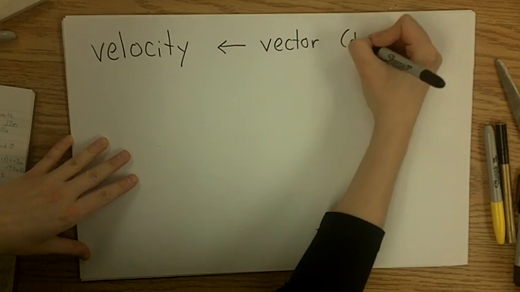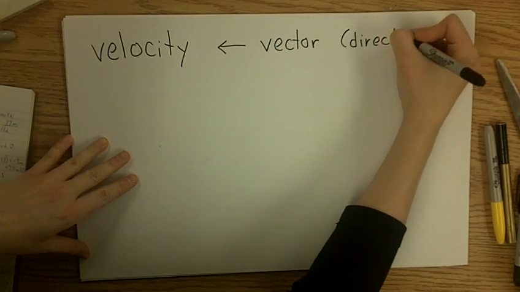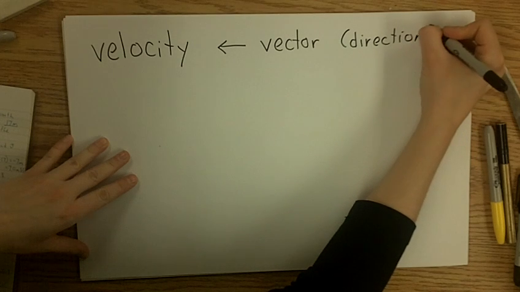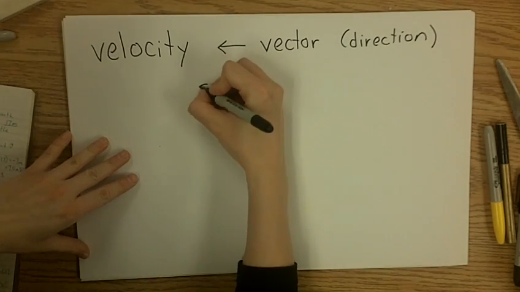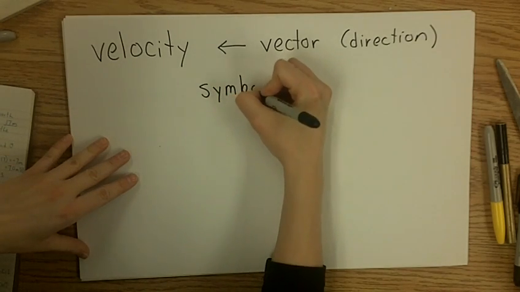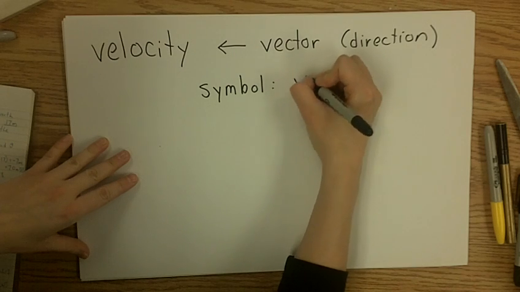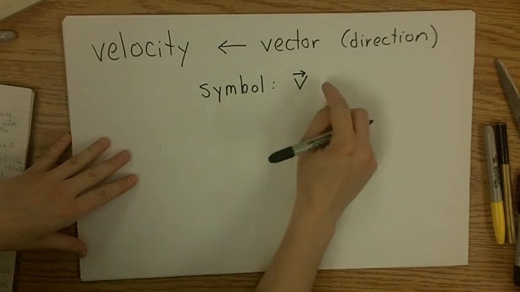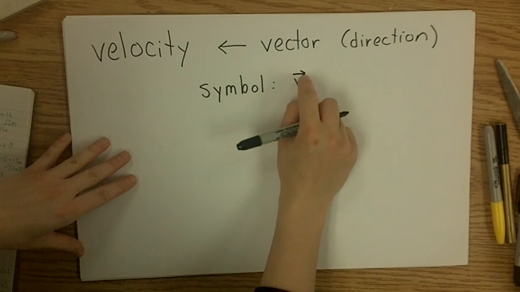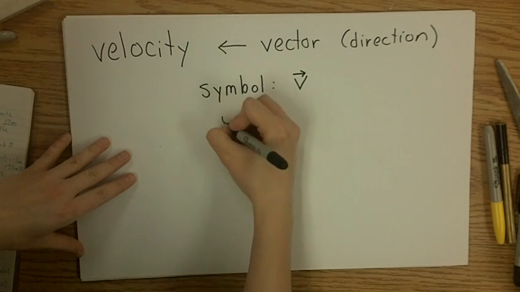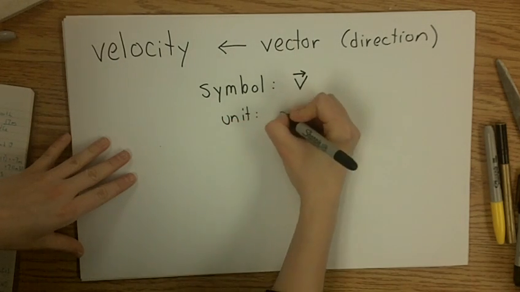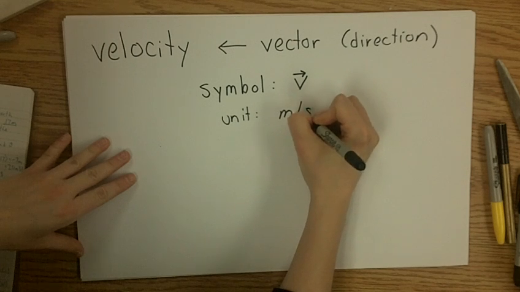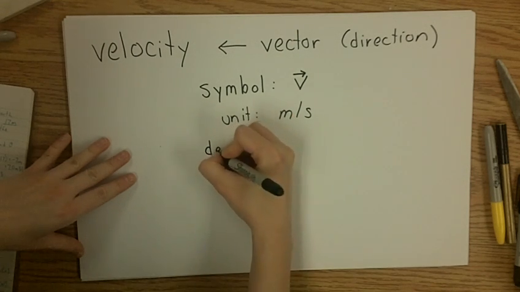That means direction does matter, and your answers must all give a direction. The symbol for velocity is v with an arrow above. The arrow shows that this is not speed, it's velocity, which is a vector. The unit is also a meter per second, but the definition is different.